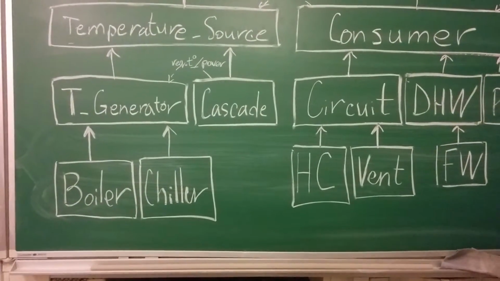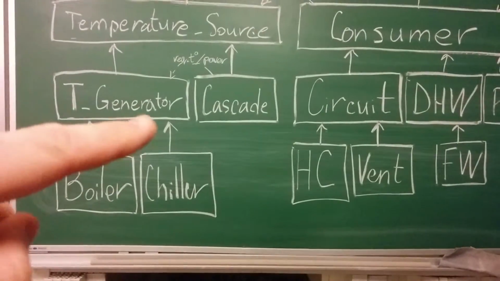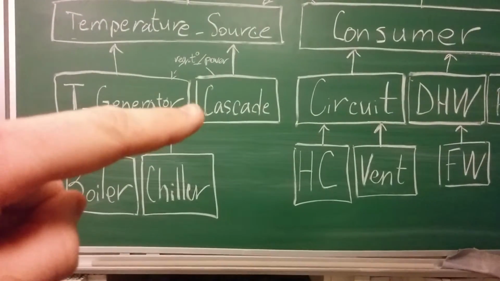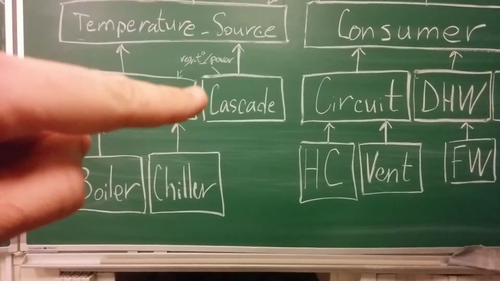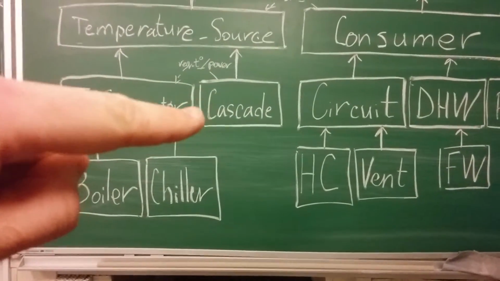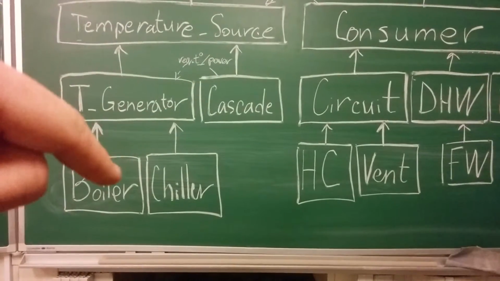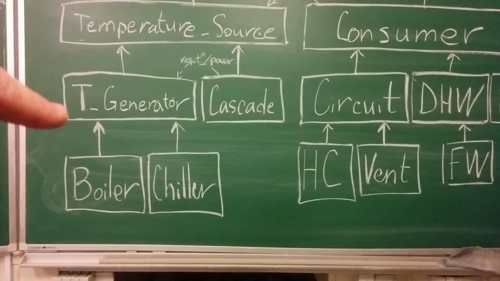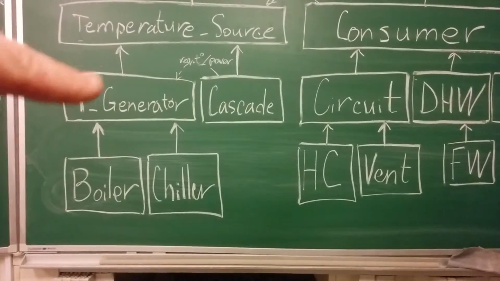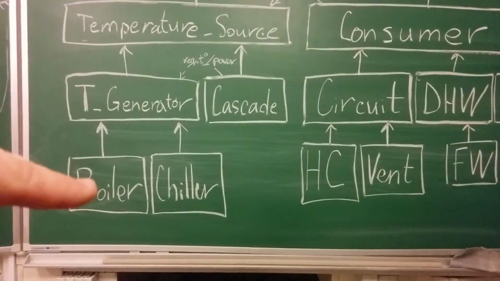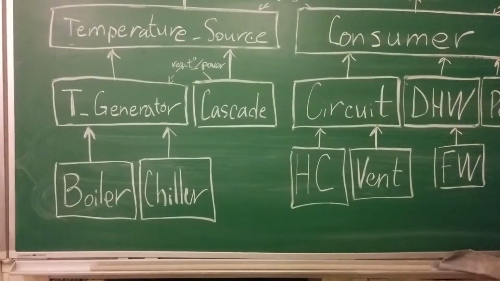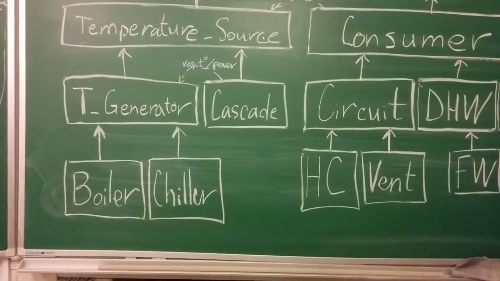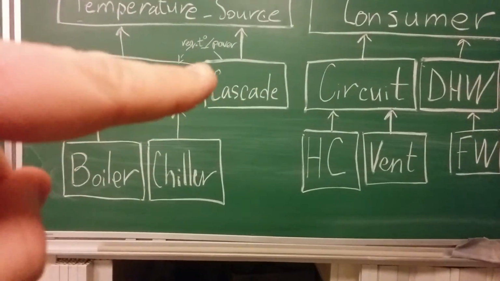So if you have several boilers, you make a Cascade Manager and connect each of the boilers to it. Then the Cascade Manager will talk to them as temperature generators. It could be a boiler, chiller, or any other kind of generator if we make another one. For the Cascade Manager, there's no difference.